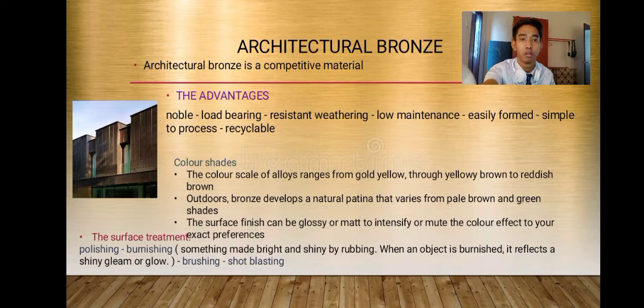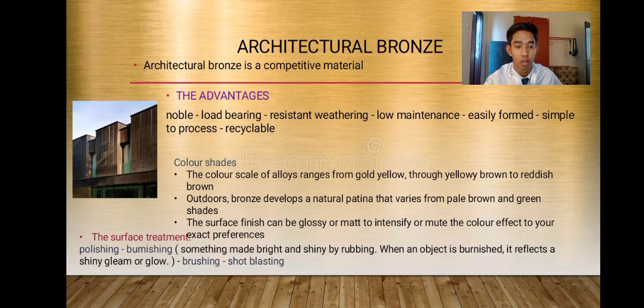Okay, the next content is architectural bronze. Architectural bronze is a competitive material. The advantages: noble, low bearing, instant weathering, low maintenance, easily formed, simple to process, recyclable. Color shade: the color scale of the alloy ranges from gold yellow, tone yellow, bone to reddish brown.